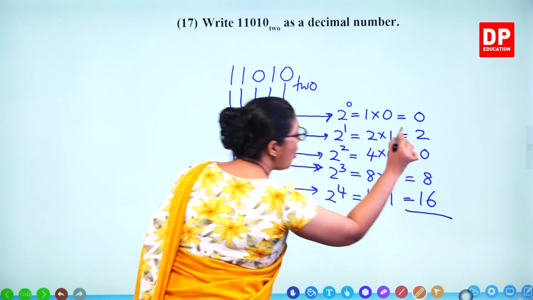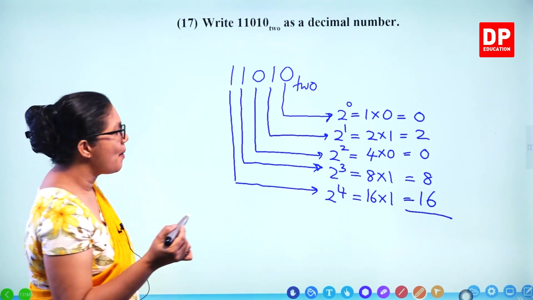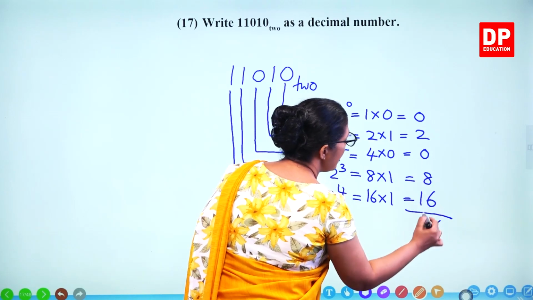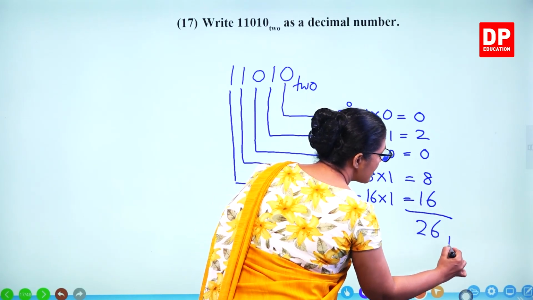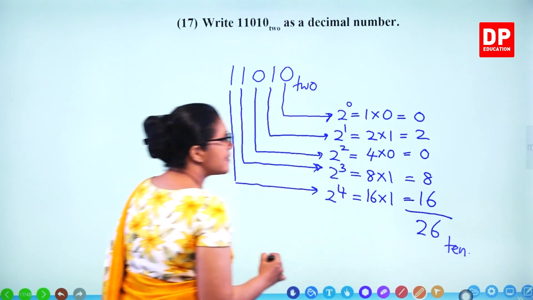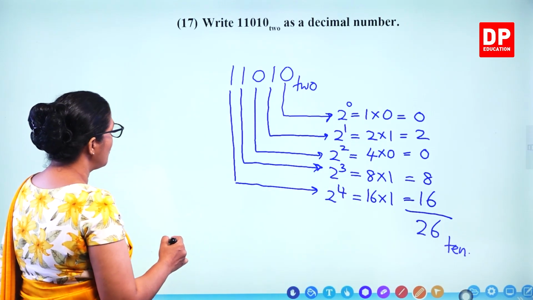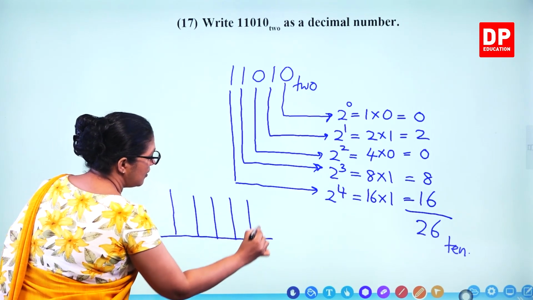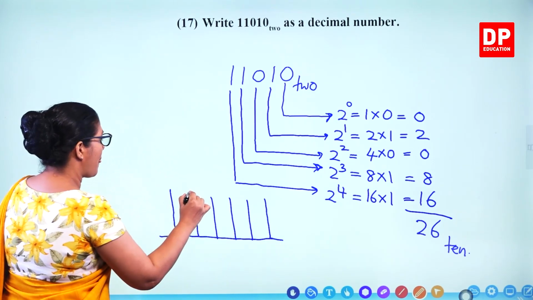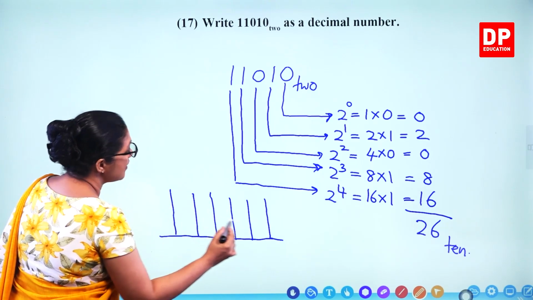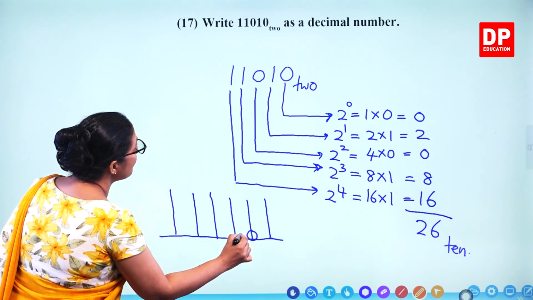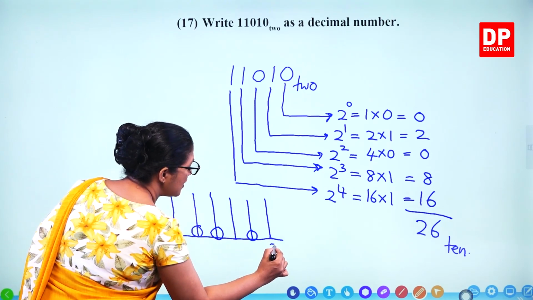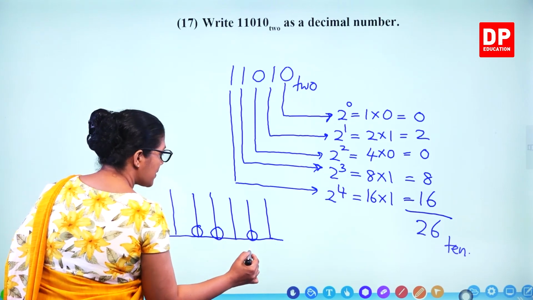So when you add all these numbers, you get the number in base 10. 8 plus 2, 10, plus 16, 26, with the remaining 1 times 0 adding nothing. 26 in base 10. This is like 0, 1, 0, 1, 1. So here, this is 1 representing 1.